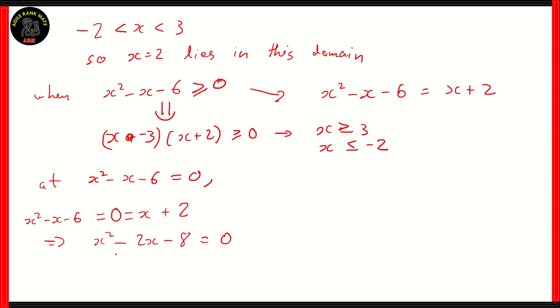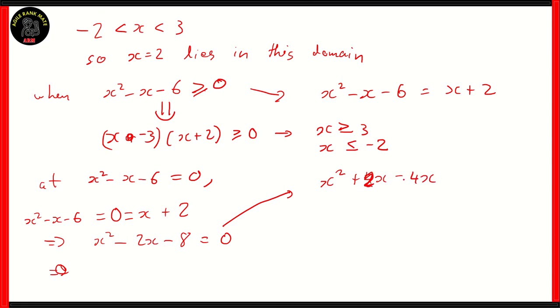Now the left hand side, let's just pull it over here. So the left hand side now becomes x squared, and we have 8 as the constant. We need to write negative 2x as plus 2x minus 4x.